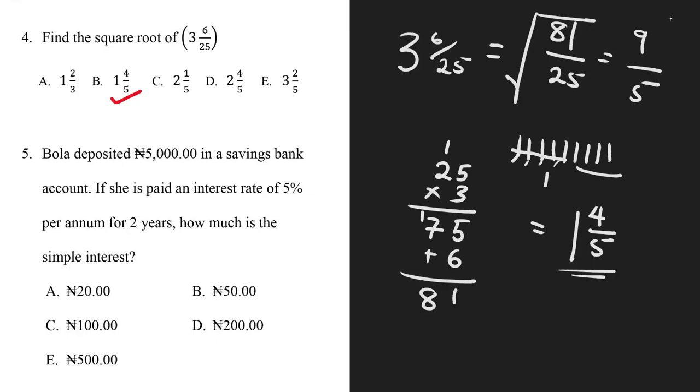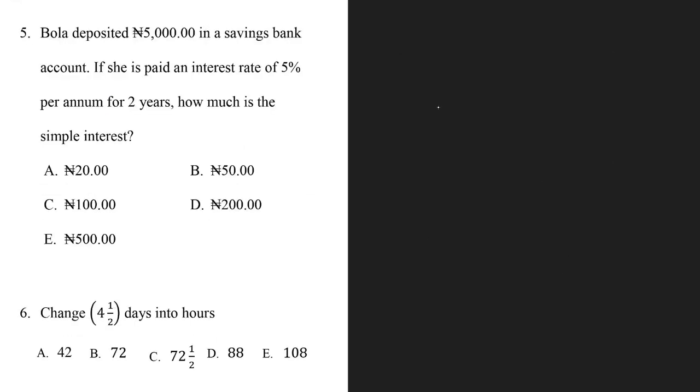This is it. So number 5, let's check it out. All right, number 5 now. The question says Bola deposited 5,000 naira in a savings bank account. If she paid an interest rate of 5% per annum for 2 years, how much is the simple interest?